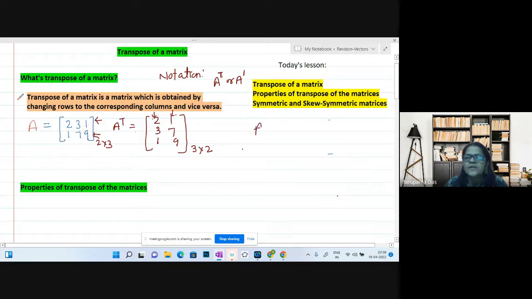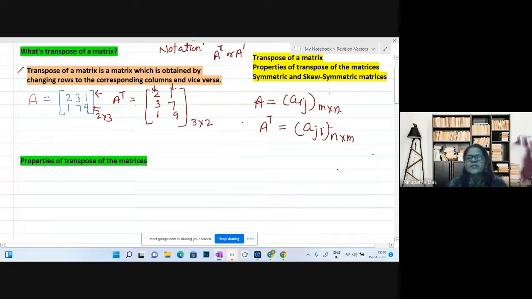Now whenever we write any matrix A = [a_ij] of order m by n, the transpose of the matrix can be represented like this, a_ji. Row index becomes column index here, and automatically column index becomes row index. So order is n by m. So that is the basic thing.